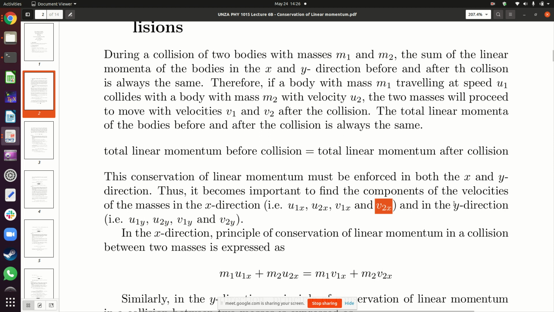Then we are also interested in finding the components along the y direction: u1y, which is the velocity of the first mass before collision along the y direction, u2y, the velocity of mass 2 along the y direction before collision, v1y, the velocity of mass 1 after the collision along the y direction, and v2y, the velocity of mass 2 after collision along the y direction.